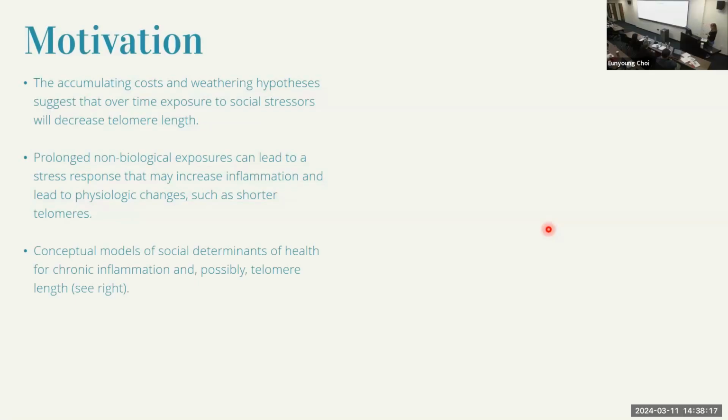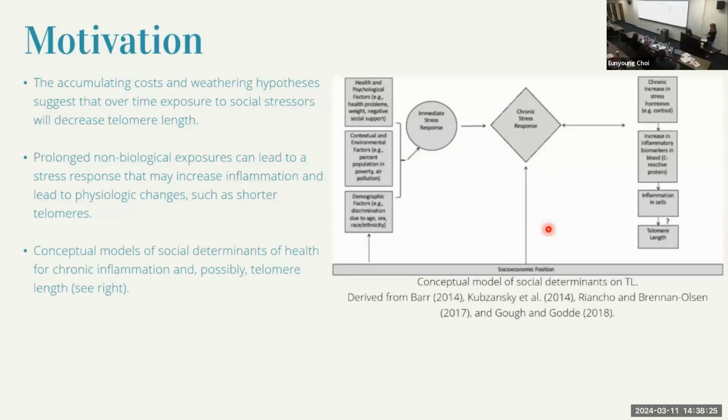There are conceptual models of the social determinants of health for chronic inflammation and potentially telomere length. I'm going to show you the example we used in the paper. This is derived from models from Donald Barr, Kubzansky et al., Riancho and Brennan Olson, and a prior paper that we did as well.